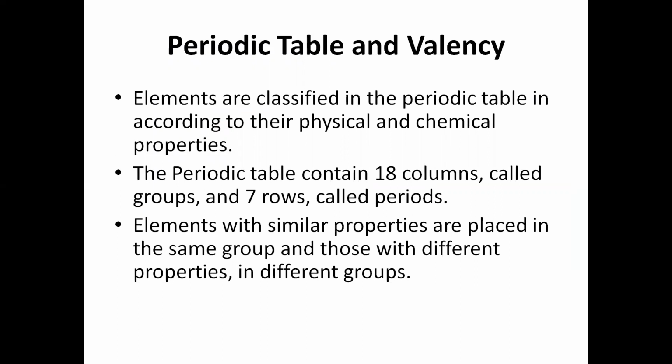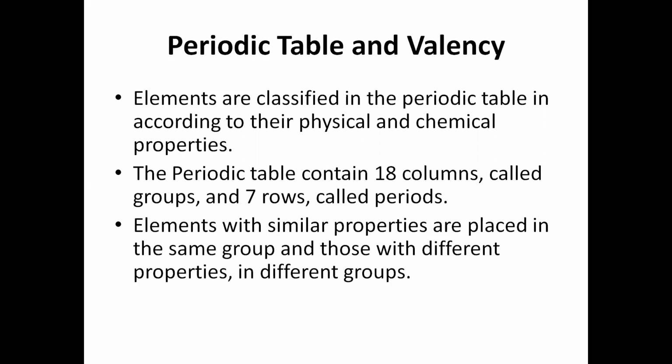The periodic table contains 18 columns, which we call groups, and 7 rows, which we call periods. Third point, elements with similar properties are placed in the same group and those with different properties in different groups.